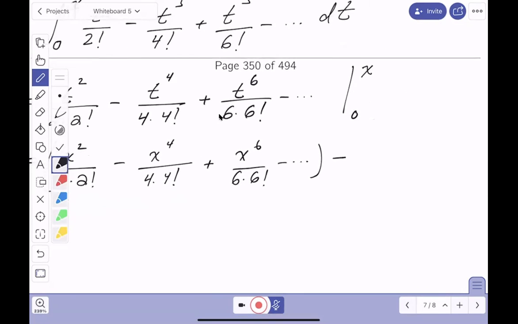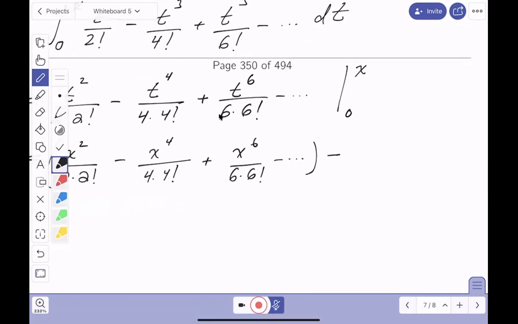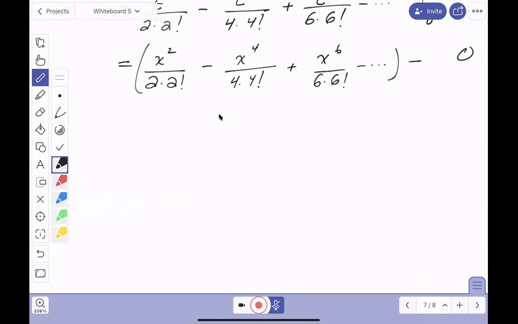Minus, well, the lower limit couldn't be easier. Every term will be 0. So what do I have now? I have my series now, and I'll write it down for you. That's going to be the sum, starting n at 1, going off to infinity.